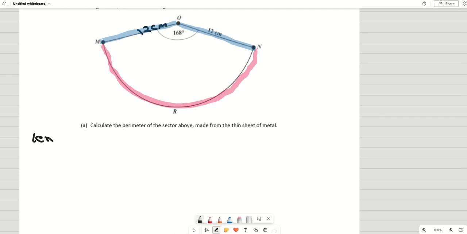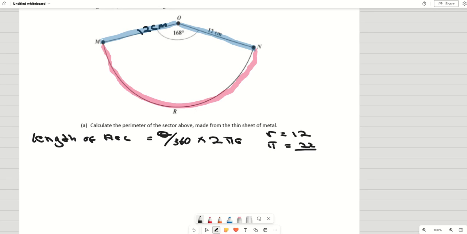First off, let us find the length of the arc. Length of an arc is equal to theta over 360 multiplied by 2 pi r. We know the radius r is 12, pi is 22/7, and theta, the degrees, is 168.